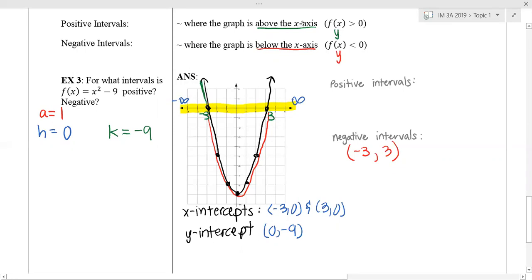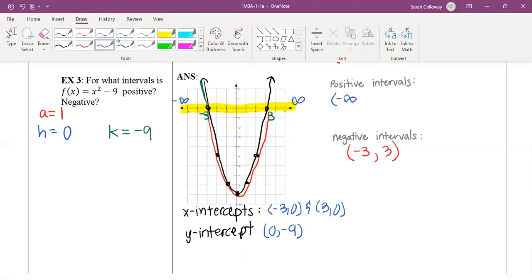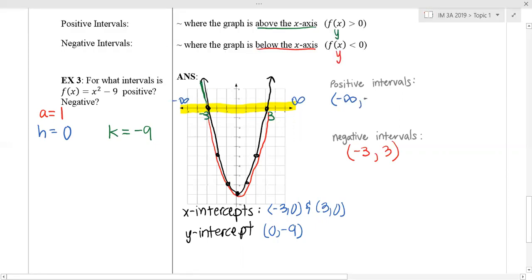And so I can increase those x values infinitely. So my positive interval on the left-hand side goes all the way forever on the left, but stops at -3. And so the way that I represent that interval is that it's going to go from negative infinity to that -3 value. Remember, it's not included because it's equal to 0, not greater than 0.